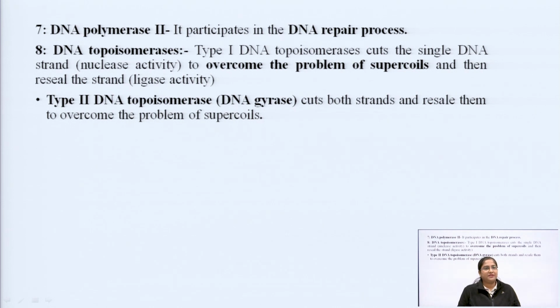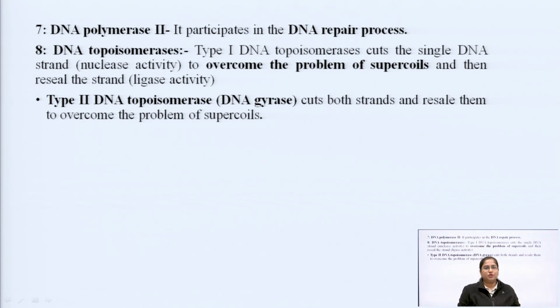DNA polymerase 2 helps in the DNA repair process when there is a need to remove a wrongly attached nucleotide base. And then DNA topoisomerase helps to overcome the problem of supercoiling. That means, if we have opened the DNA and made this Y-shaped structure, a fork, then the part which is not open yet will again form a helix.